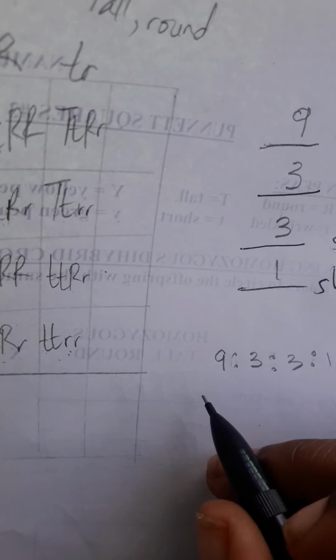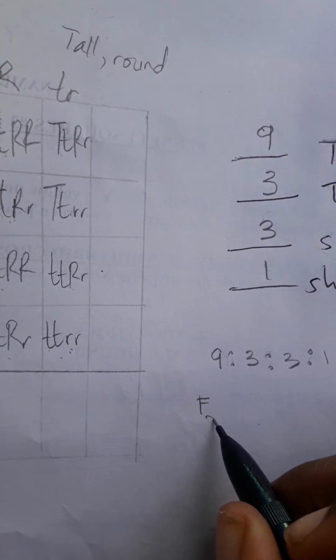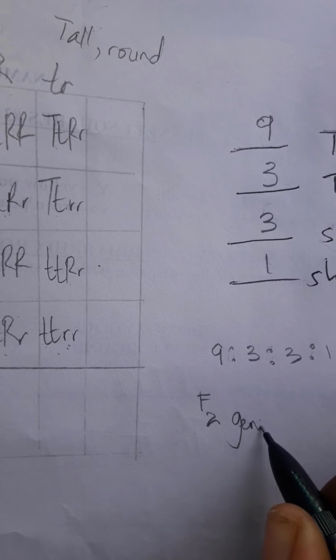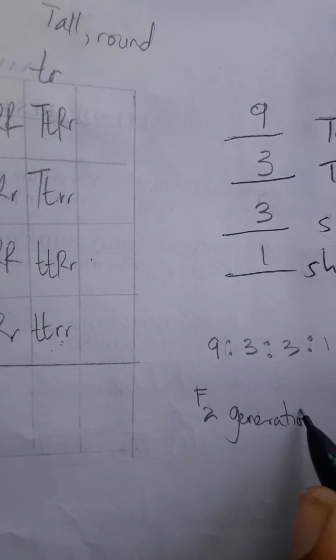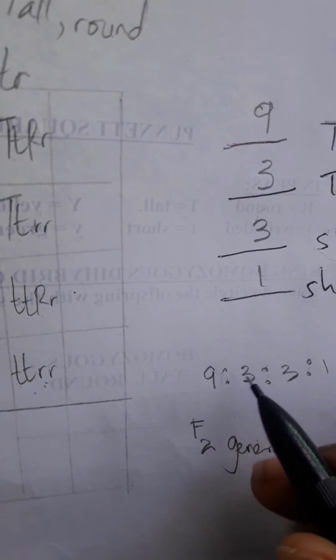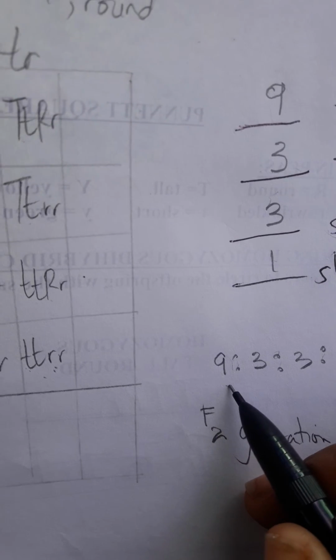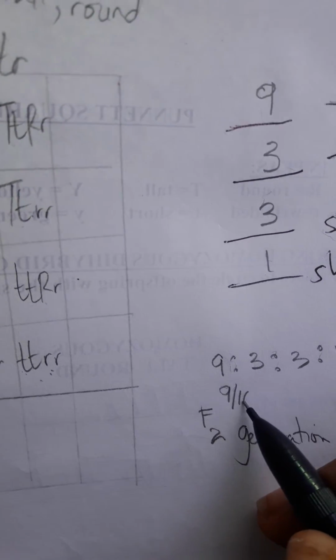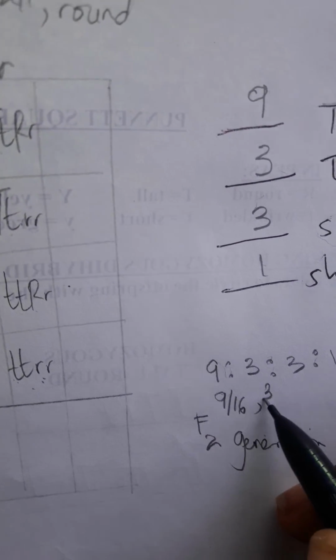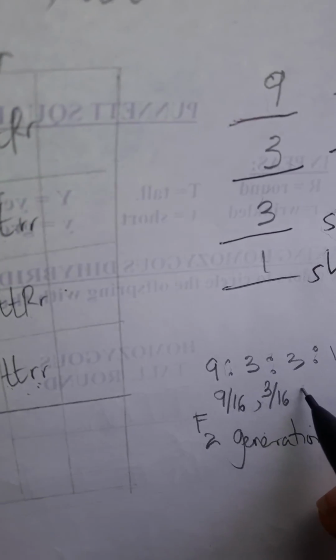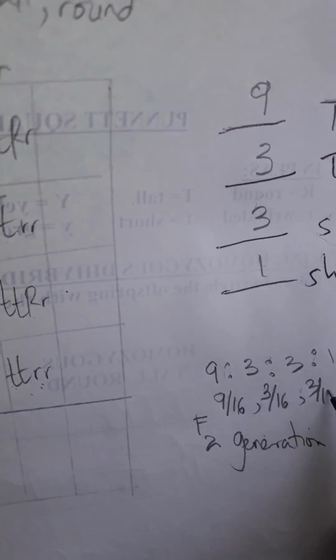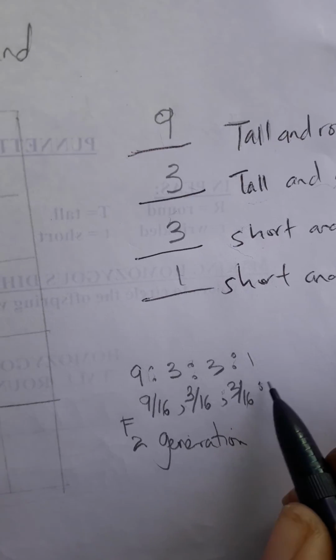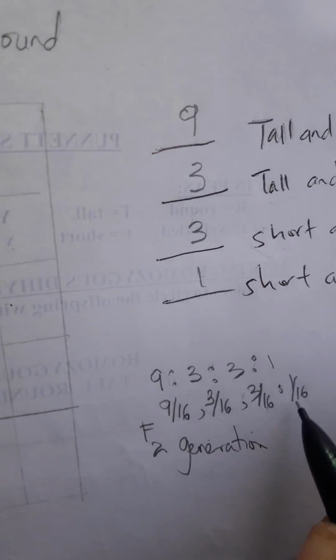And this would be the F2 generation. The possibilities can be written in another way: 9 over 16, 3 over 16, 3 over 16, 1 over 16.